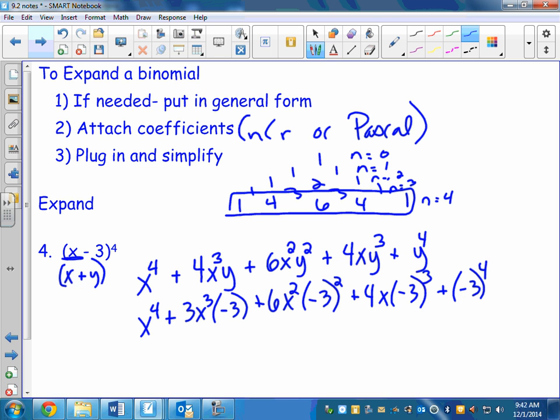Did I do something wrong? I don't know, because I just wrote a 3 instead of 4. Gotta keep it straight here. And now I just multiply it out, and this would be if I took x minus 3 to the 4th power.